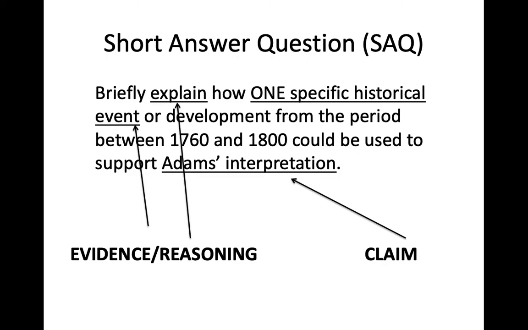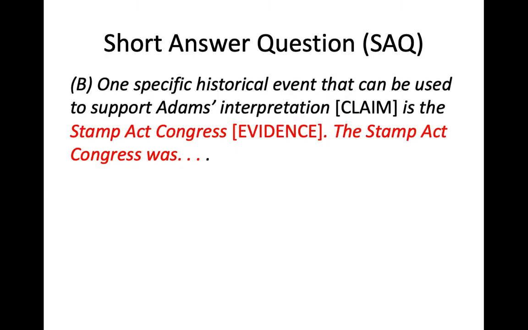Okay, so let's look at an example response. One specific historical event that can be used to support Adams's interpretation is the Stamp Act Congress. Here is where I describe the Stamp Act Congress. Notice how this is a specific piece of historical information that can be used to support Adams's claim that the revolution started before the fighting began.